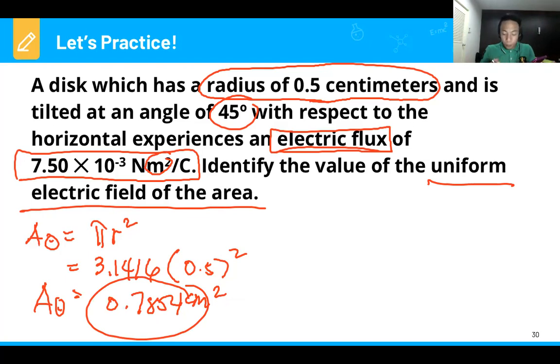So it will become the final area, which is 78.54 meter squared. Okay? So that will be our area, 78.54 meter squared. Tama ba?